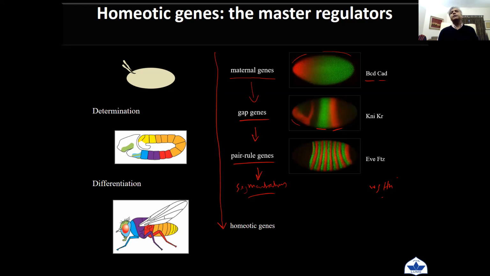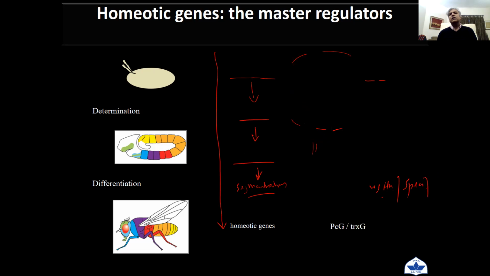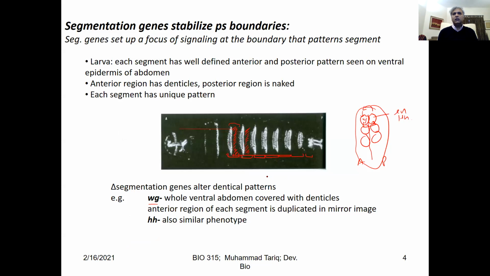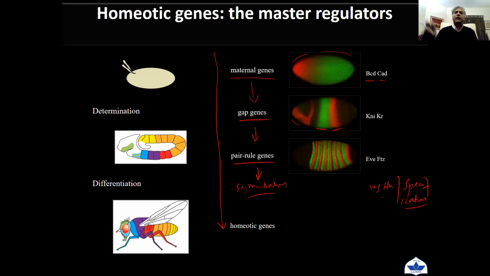By this time, we already have the specification of the cell fates. Fates of different cell types are specified already here. This is a late developmental stage, but at embryonic development, we already have cells whose fates are specified.